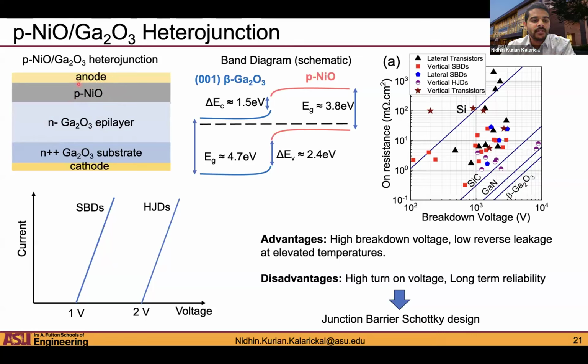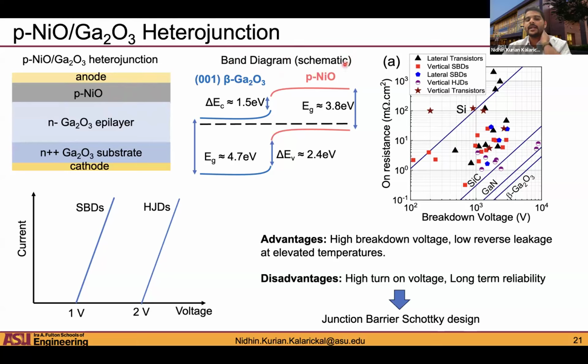And essentially, these are not epitaxially grown, but are instead sputtered. So the p-nickel oxide is sputtered directly on top of the gallium oxide layer. So this is a standard structure of a p-nickel oxide n-gallium oxide heterojunction. Okay. And so the idea is to, instead of forming a homo p-n junction, you're essentially forming a hetero p-n junction using these p-type oxides.